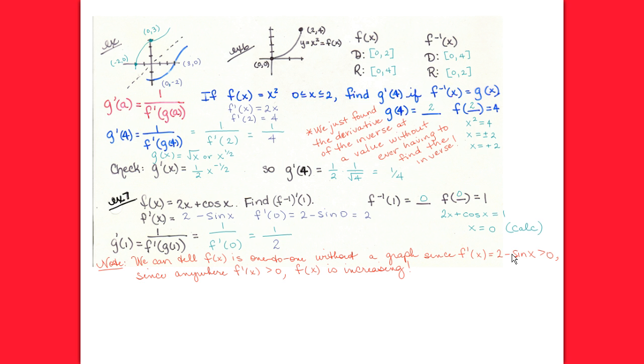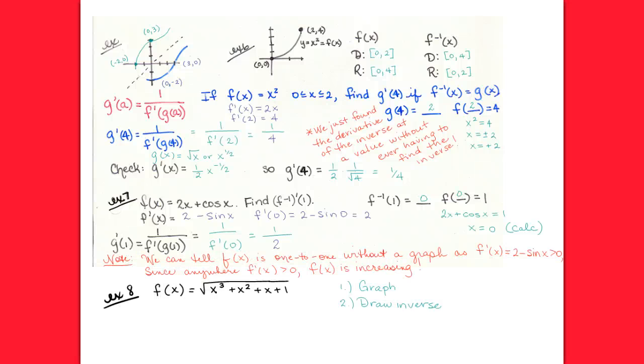So if I do 2 minus 1, I still get 1. That means whatever value I put in for sine, I'm still going to get a positive value for that derivative. So anywhere the derivative is greater than 0, the function is increasing. That means this entire function is increasing. If you did a horizontal vertical line test on that, you would be fine. So that would be a way to know that it's one-to-one without having to look at the graph.